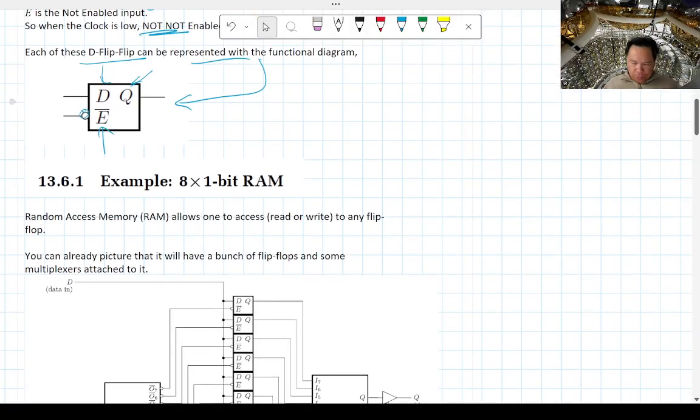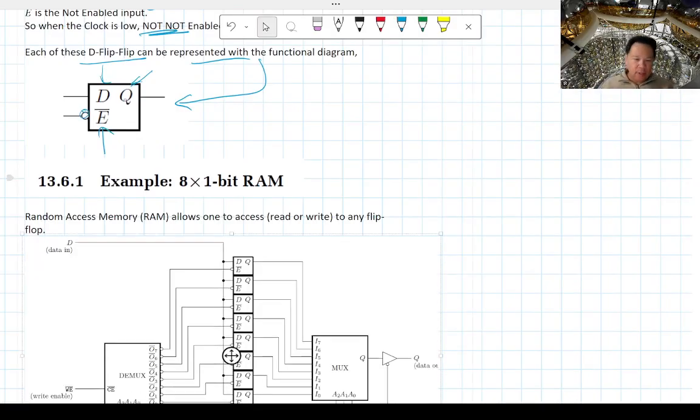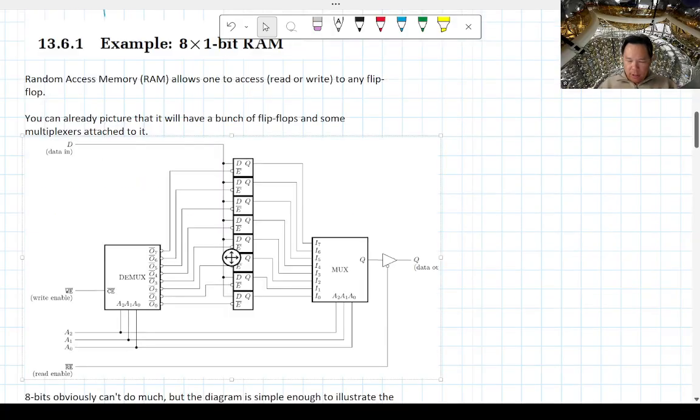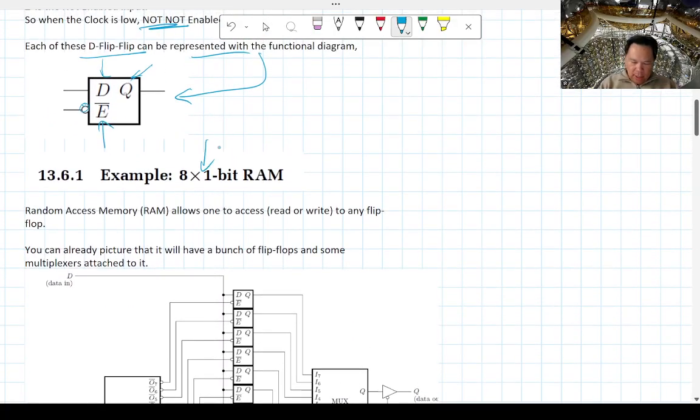Okay, and so the simplest example that makes a little bit of use of all the technology involved is an 8-bit random access memory module. Okay, so RAM stands for random access memory.